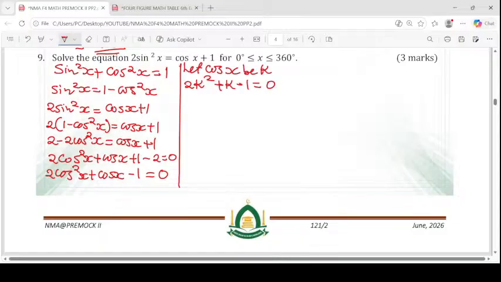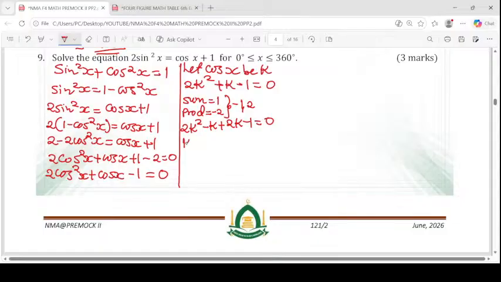So I'm going to look for two numbers such that the sum of the two numbers is 1 and the product is negative 2. And the two numbers, when you look at it well, should be negative 1 and 2. So that becomes now 2k squared minus k plus 2k minus 1 is equal to 0.